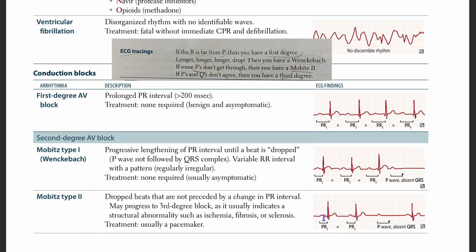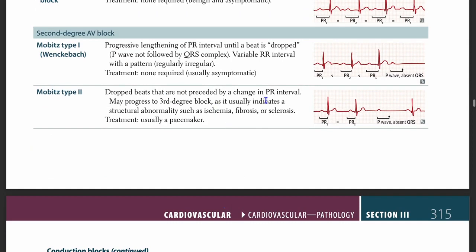Right, so you see PR interval there, PR interval here. Here you see a P but no QRS, right? But this one is equal to this, so the P's are equal. Here it was less than this, and which was less than this, right? So again, if some P's don't get through, then you have Mobitz 2, right? So dropped beats that are not preceded by a change in PR interval. May progress to third degree block, so we'll read about that, as it usually indicates a structural abnormality such as ischemia, fibrosis, sclerosis.